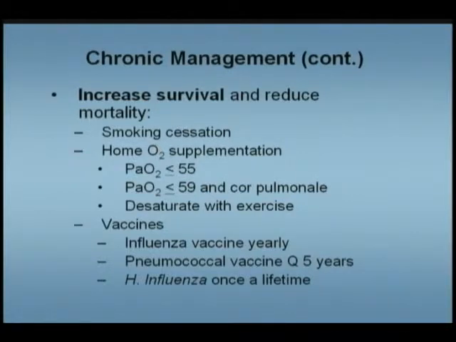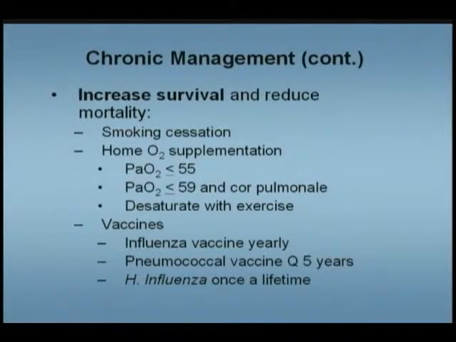Anything equal to or less than 55 resting, a PaO2 of 55 or less at rest, that patient gets home oxygen. And then there's one more category of patients that have a PaO2 of less than 60, or 59 or less, but they have right-sided heart failure. Those patients deserve home oxygen.